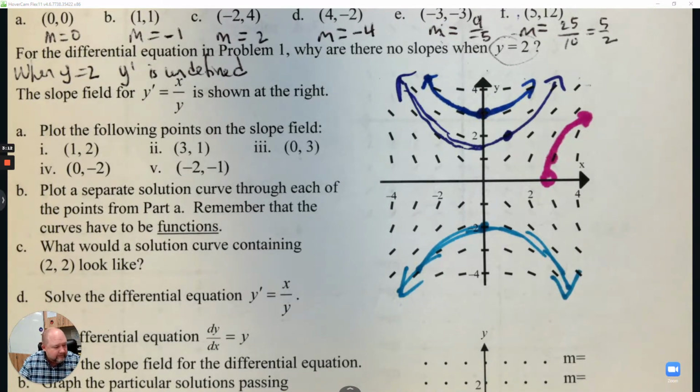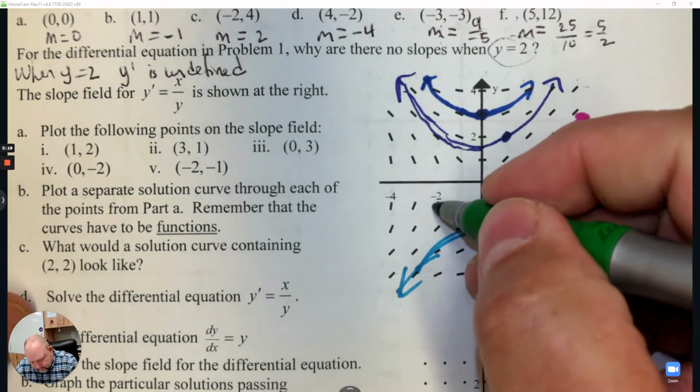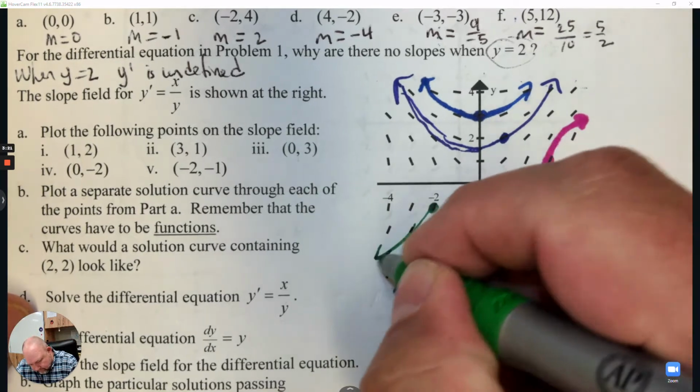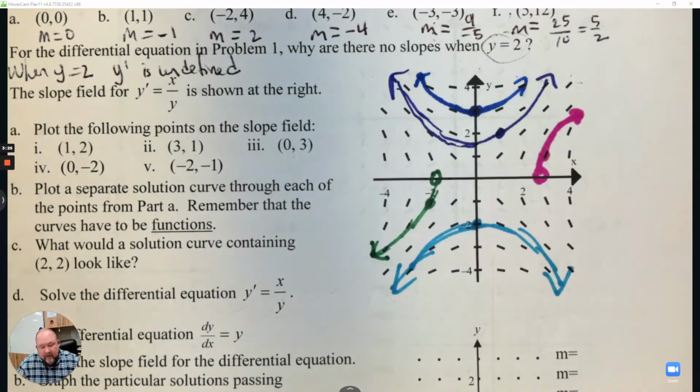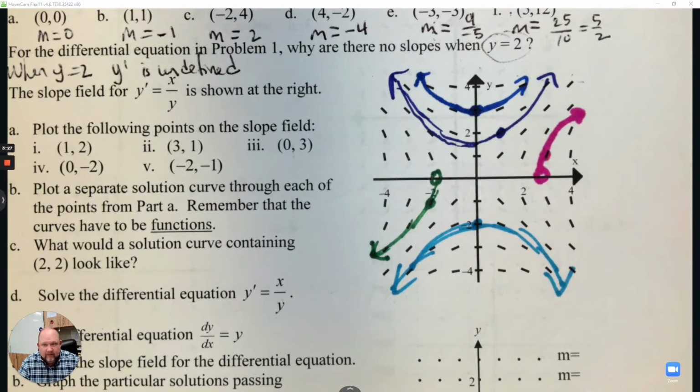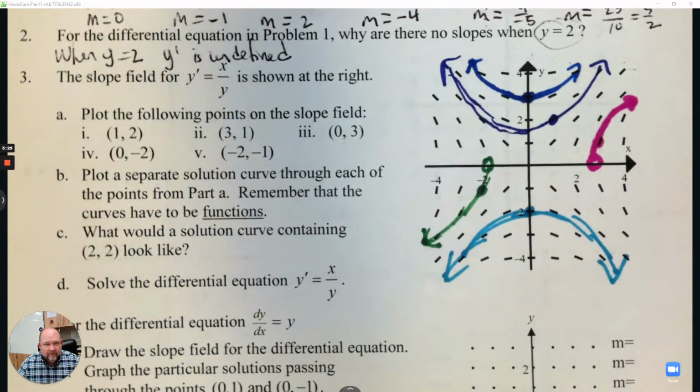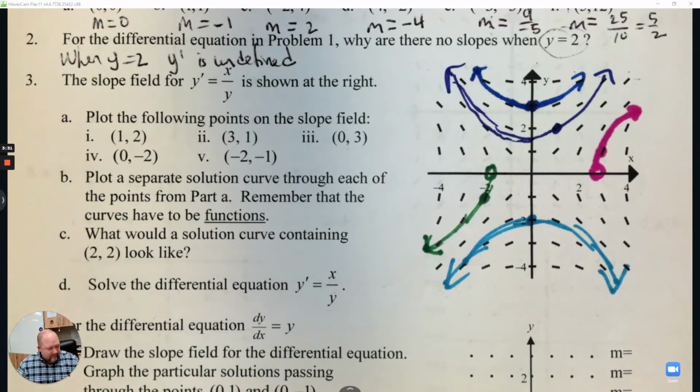And then, what color do I have left? Green. It's -2, -1. Make sure there's a hole right there. So follow the current, the way the river is flowing, and you follow it and draw your curve on that.